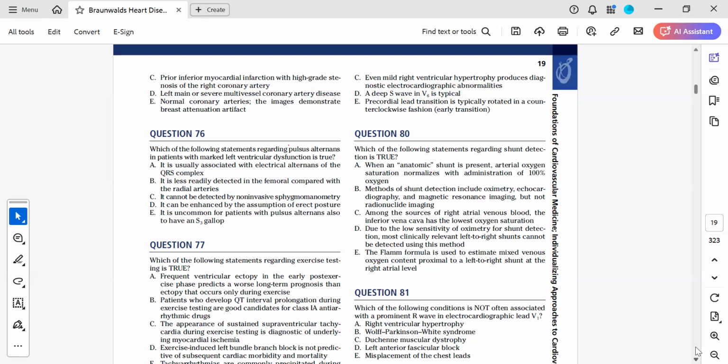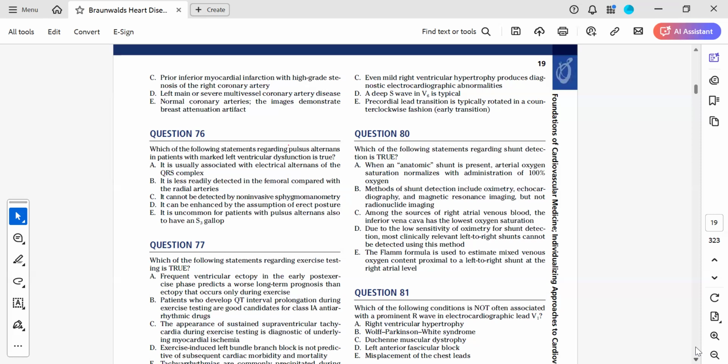The images demonstrate breast attenuation artifact. It's clear that it is not normal, because if it were normal, we wouldn't have dilatation of the cavity with stress as compared to what occurred at rest.